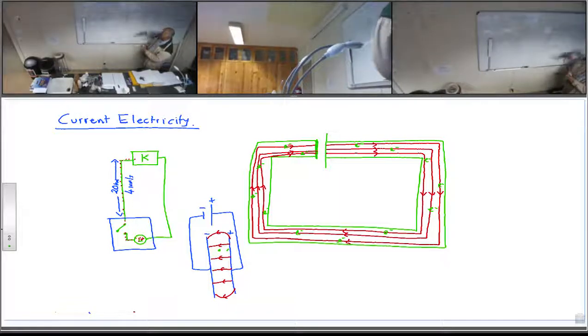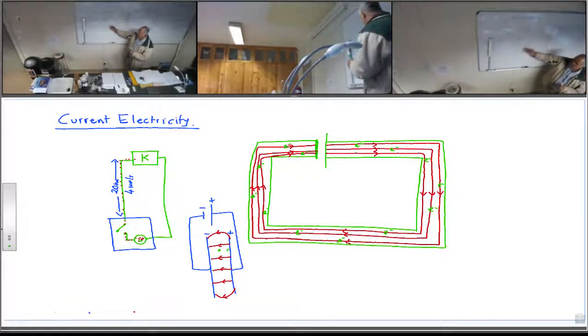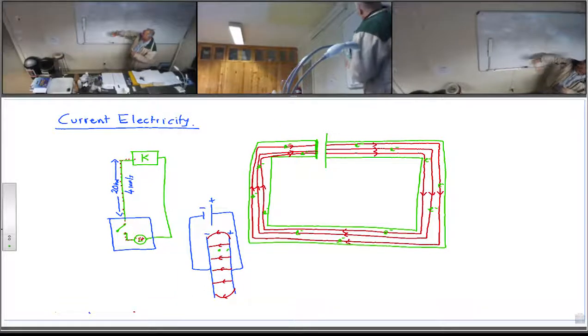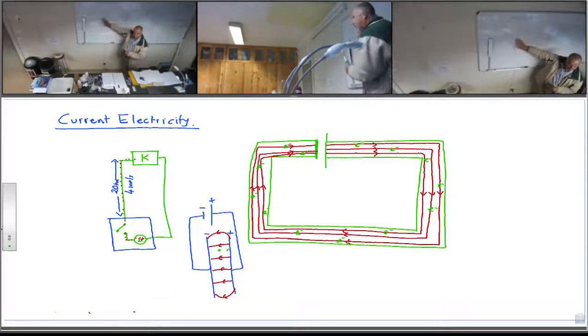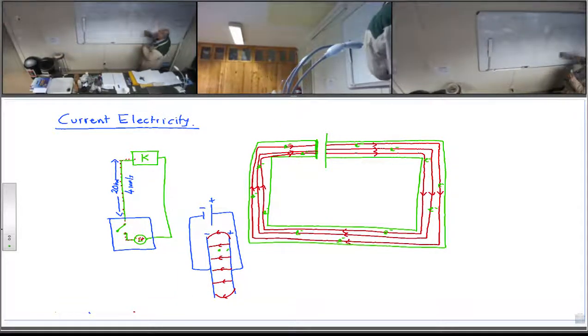Now the moment I close the switch, how long does it take this electric field to be set up? That happens at the speed of light. Bang. So the moment the switch closes, at the speed of light, an electric field is set up in that wire.